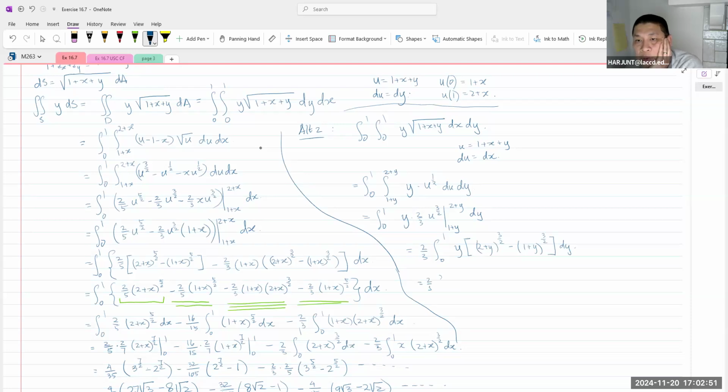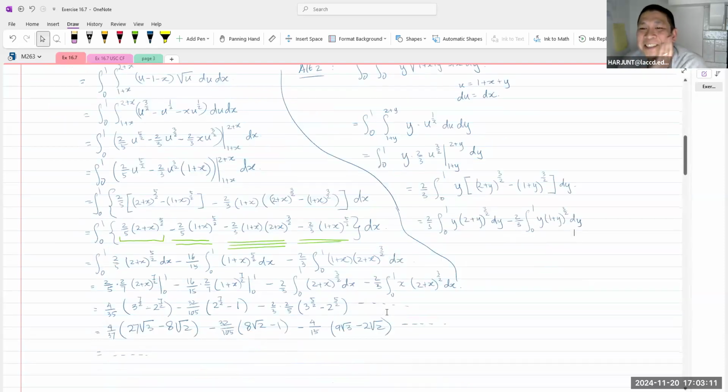Let me split that into two integrals so that the substitution is easier to do. Why does this suddenly become a calculus 2 class? It's painful, I know.